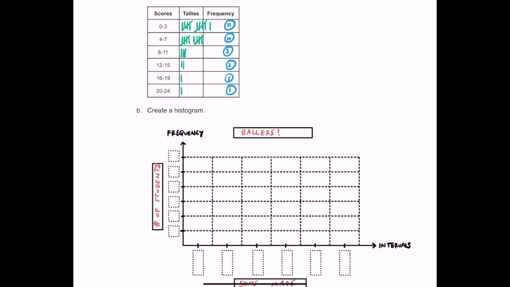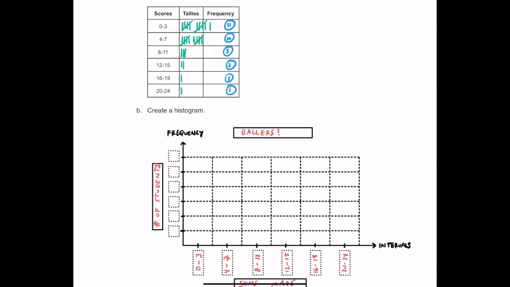And let's go ahead and write our intervals in. So between 0 and 3 shots, between 4 and 7 shots, 8 and 11 shots, 12 and 15 shots, 16 and 19 shots, and 20 to 24 shots.